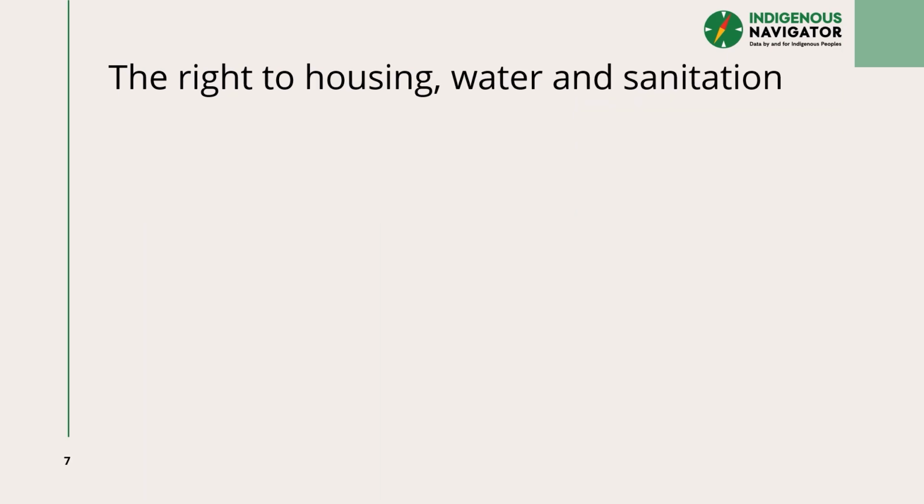Housing, water, and sanitation is the second category under this domain. The right to water is referred to in Article 21 of UNDRIP and underpinned by binding human rights obligations, including Article 11 of ICESCR.